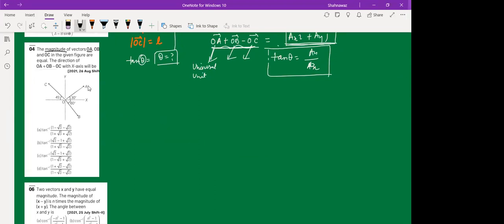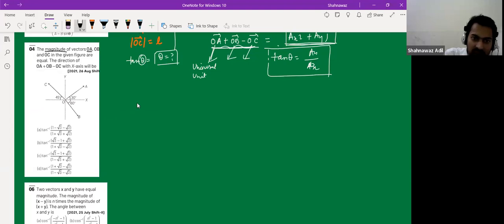So first we have to find OA. So what is OA here? The angle is 30 degrees and the magnitude is L. So this is in the polar form. The x component would be L cos theta i hat, the magnitude and the cos component. And the y component would be L sine theta j hat.